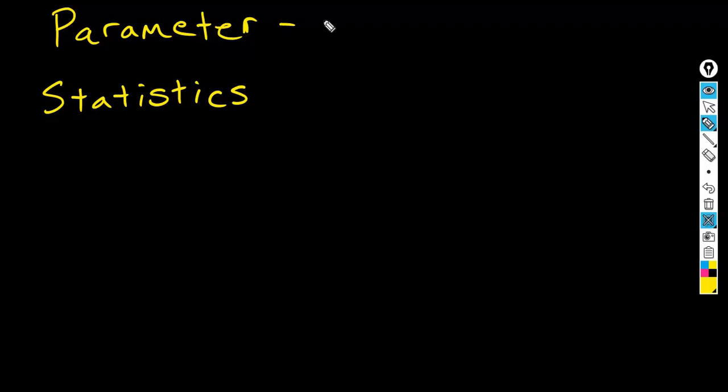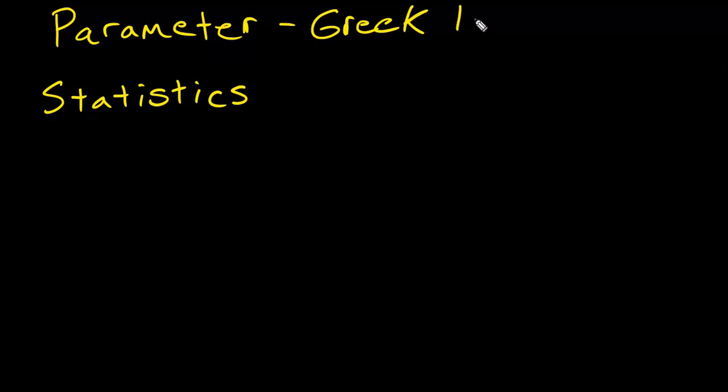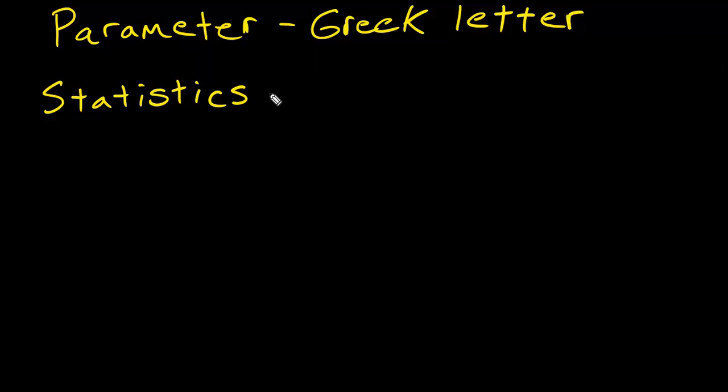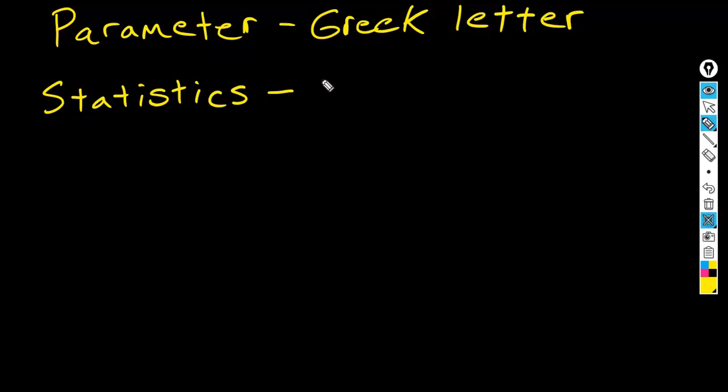Parameters are going to be notated using Greek letters, or Greek characters. So if you see a Greek character, that's telling you that it is a parameter. Again, it's helpful to be able to identify that if you've just got the formula. Also, later on, you're going to need to be making decisions based on whether you have the parameter or the statistic. So if you know parameters are represented with Greek letters, and you see a Greek letter, you know it's a parameter, and that's the direction you want to go.